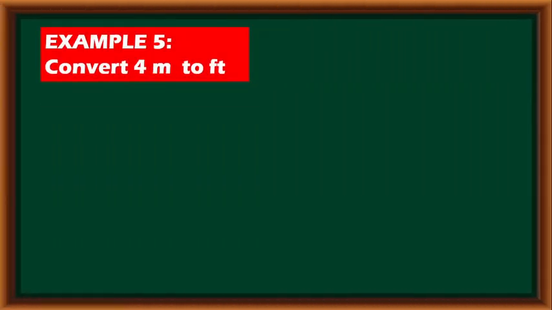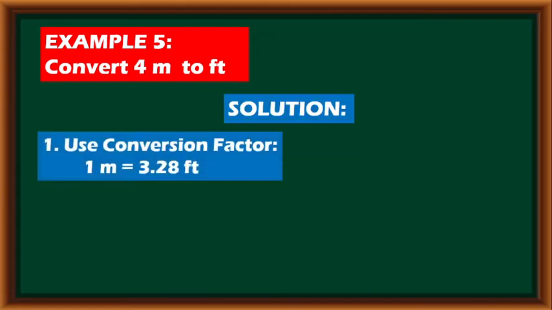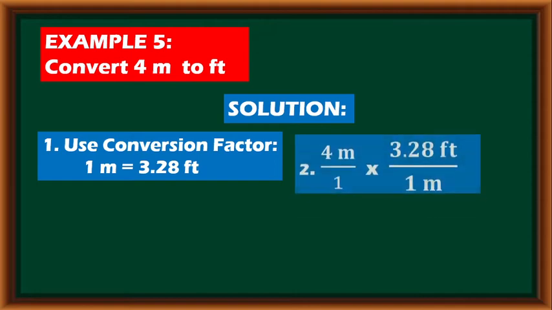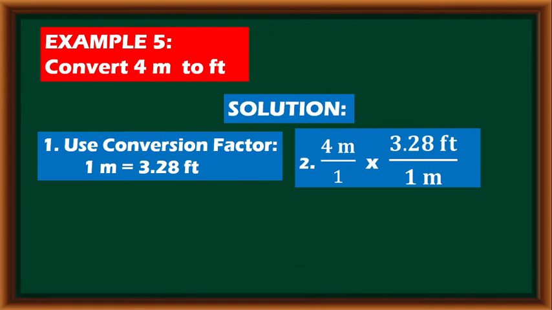Next, example number 5. Convert 4 meters to feet. In your solution, we have only one conversion factor. 1 meter is equivalent to 3.28 feet. Therefore, we have only one solution to convert meter to feet. 4 meters over 1 multiplied by 3.28 feet over 1 meter.